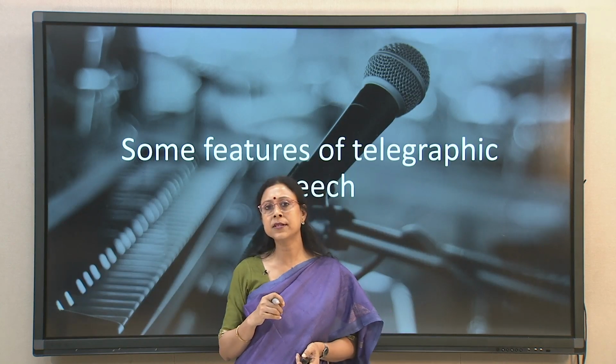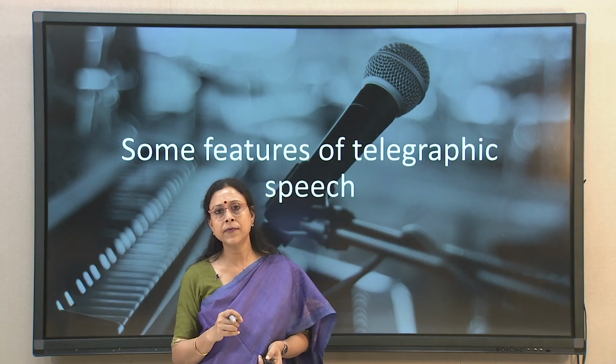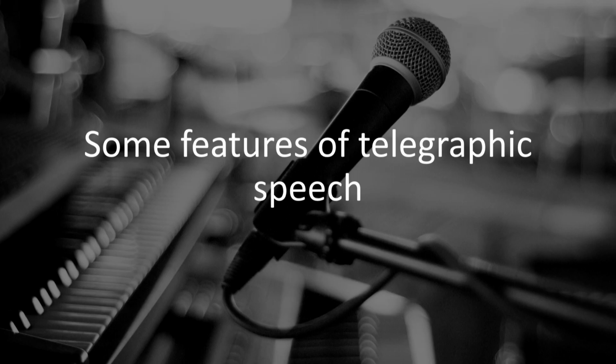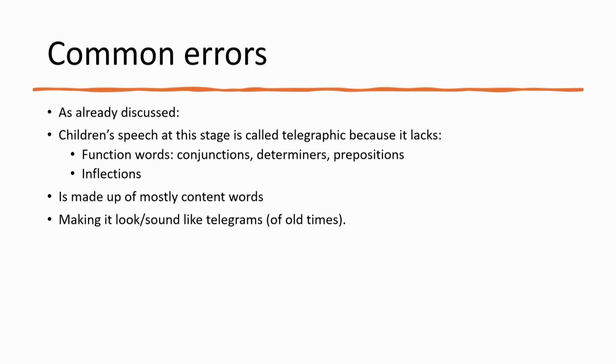So, let us start with some of the typical features of telegraphic speech. We have already seen some of them. For example, we have already discussed that in telegraphic speech, that is when they speak in 2 words, they typically tend to use content words only. So, the content words, nouns and verbs and adjectives like this, they will be using, and most of the time they will omit the function words, they will omit inflections.